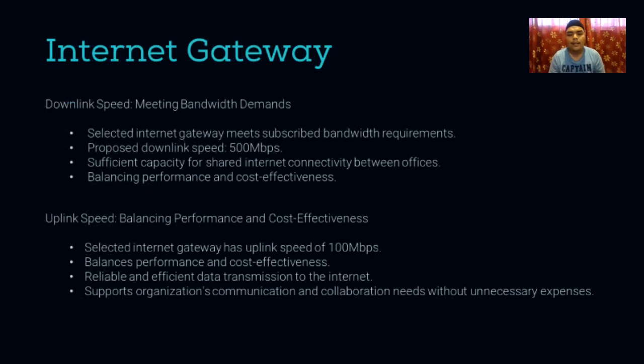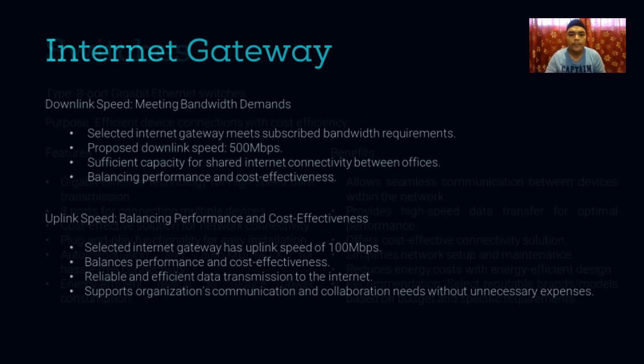Our selected internet gateway for organization XYZ ensures we meet the specified bandwidth requirement while maintaining a balance between performance and cost effectiveness. The proposed downlink speed is 500 Mbps and the uplink speed is 100 Mbps, providing sufficient capacity for shared internet connectivity between offices.